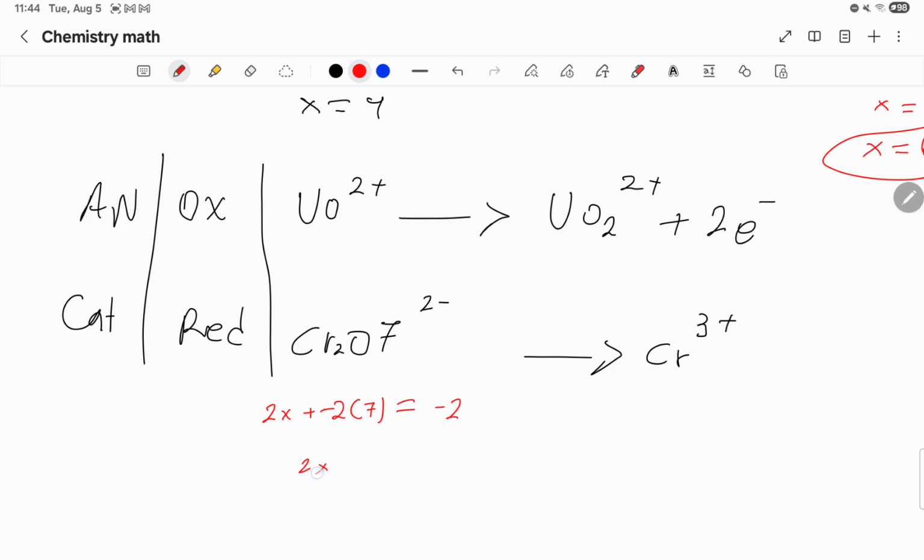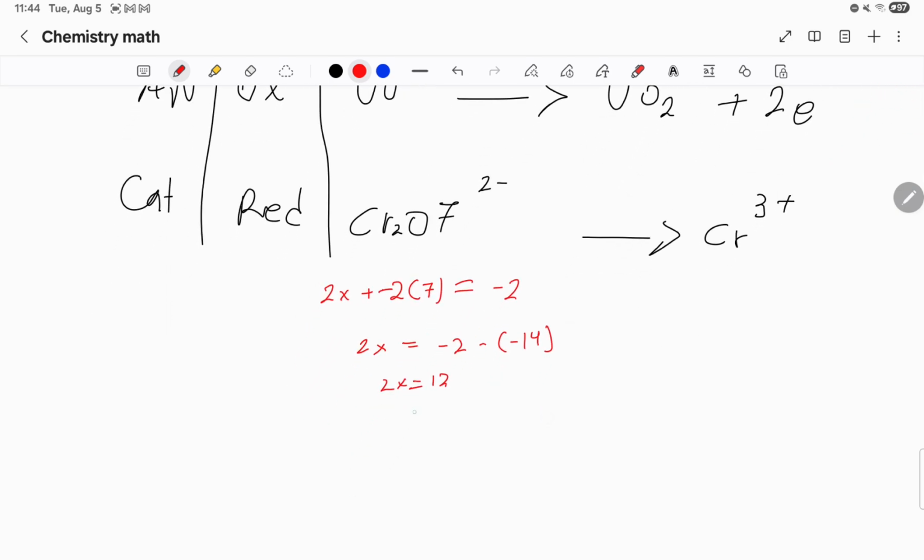So I will write 2x equals -2 minus -14. The reason I have a minus here is because the previous one was obviously addition, right? It's basic math. So we will do -2 minus 14, and that will give me 12.